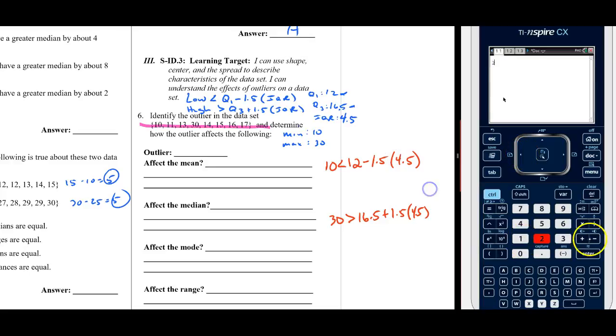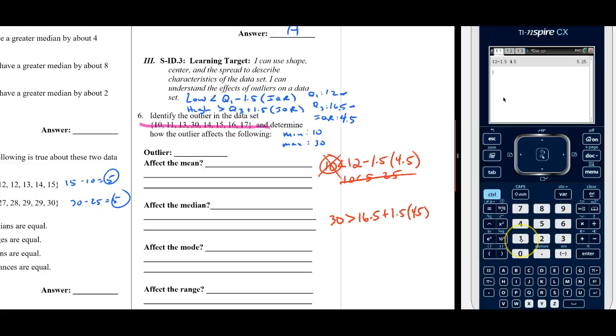So 12 minus 1.5 times 4.5 gives me 5.25. So we want to know, is 10 less than 5.25? Obviously it's not. So 10 cannot be an outlier.